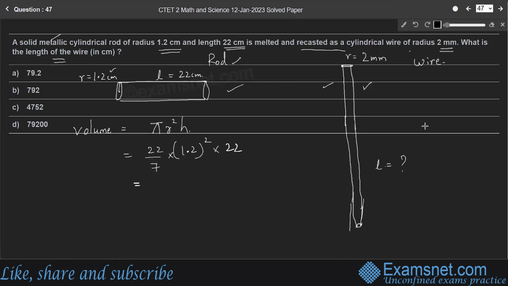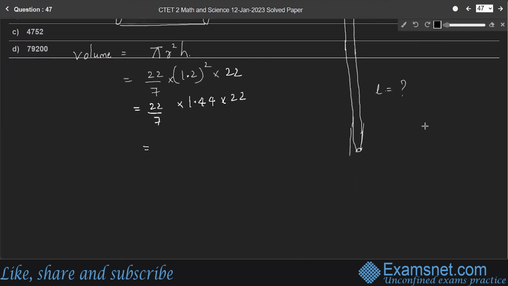Simplify it. Here 1.2 square. So since 12 square is 144, 1.2 square becomes 1.44, right? Into 22. So into 22 by 7, right? So we have 1.44 divided by 7. You will get 0.205, right? So 0.205 into 22, right?